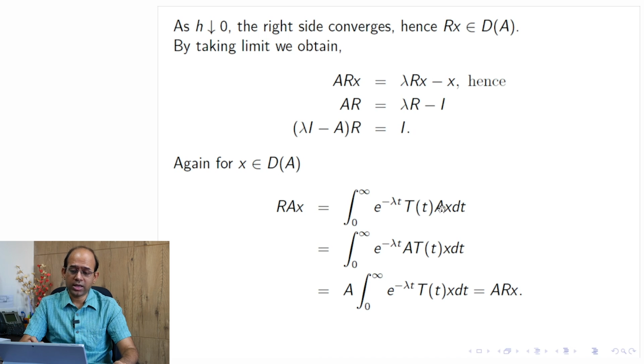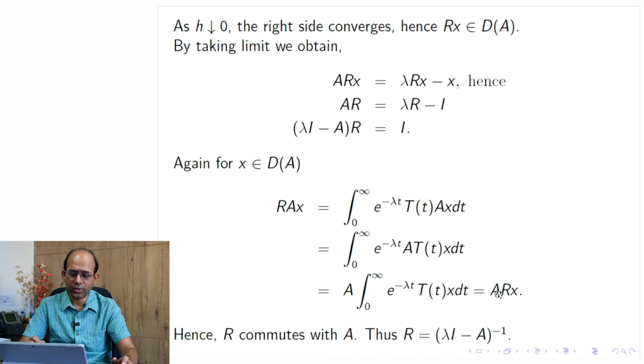Now we know that T(t) and A commute with each other, so T(t)A is the same as AT(t), okay? And then this whole thing, T(t)x and then the integration from 0 to infinity, this thing is in the domain of A. So A comes out here. So A operating on the integral from 0 to infinity of e to the power minus lambda t T(t)x dt, and this whole thing is Rx, so it is equal to ARx.